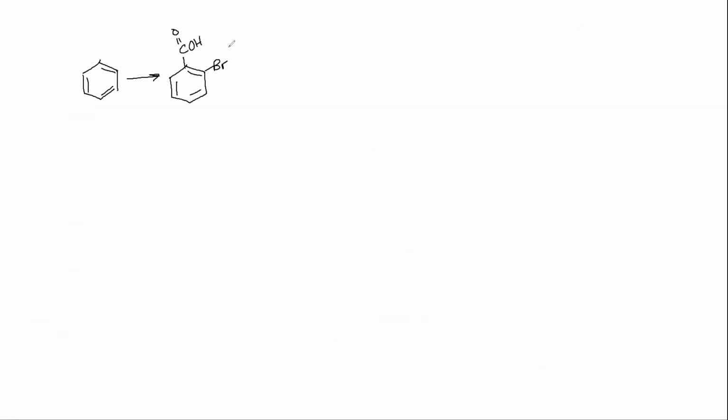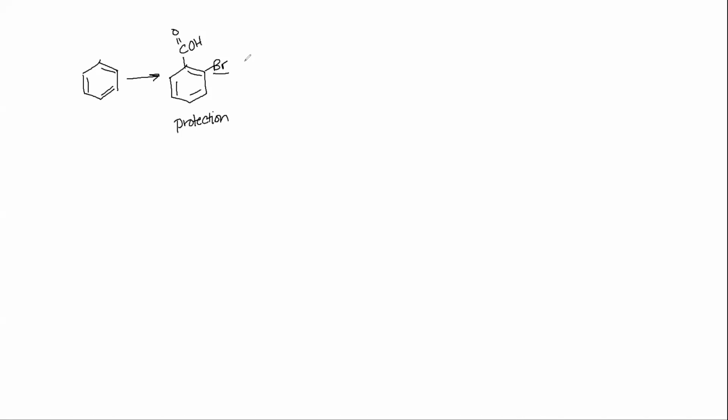So let's say we wanted to do this by protection. If we're looking at this, we have our ortho-para director. We know how to put the bromine on the ring.